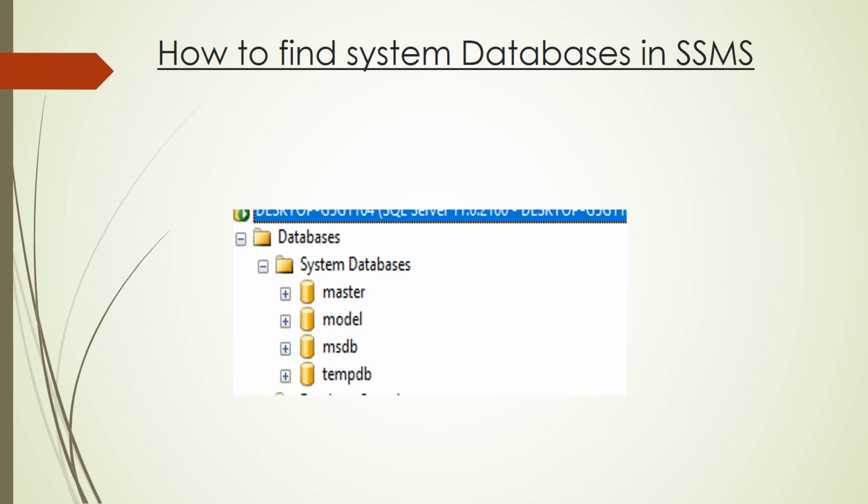Once you connect, under the menu bar you will find Databases. Once you click on the plus sign against Databases, you can find the system databases. Click on the plus sign again, and all 4 system databases will be visible to you: master, model, MSDB and TempDB.